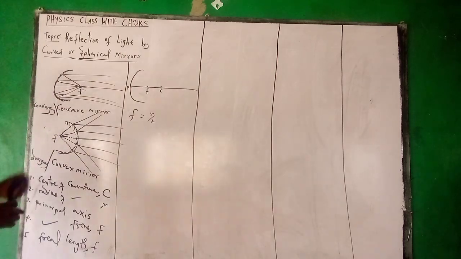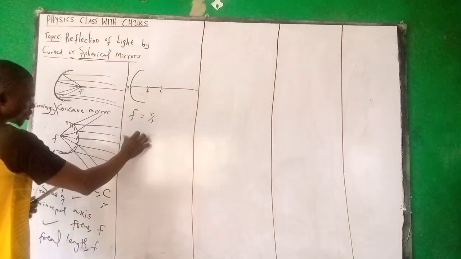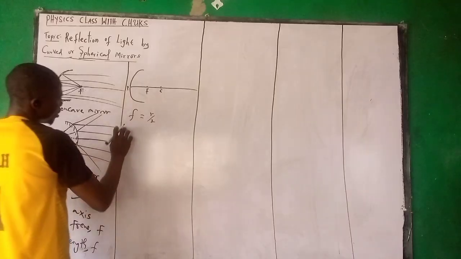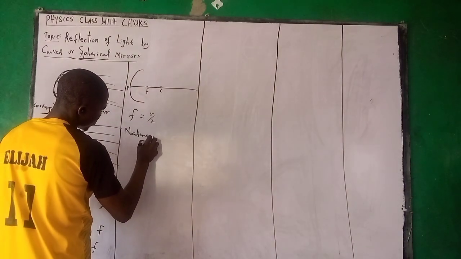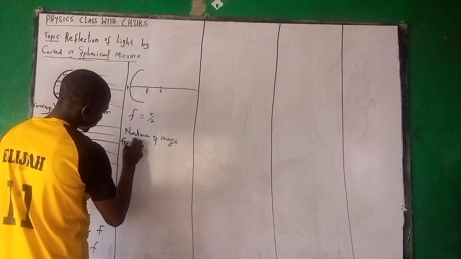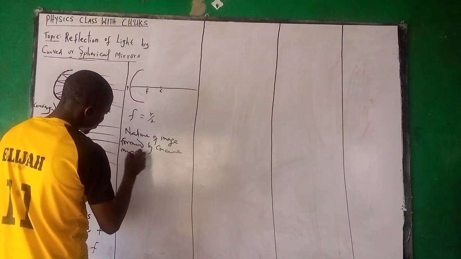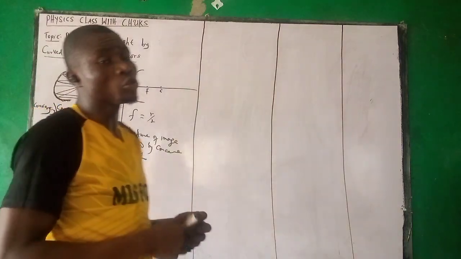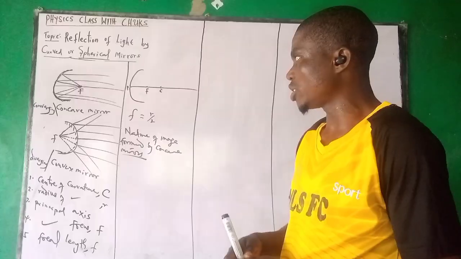If you take the concave mirror, what is the nature of images it produces? Generally, the nature of image produced by a concave mirror depends on the position of the object before the mirror.